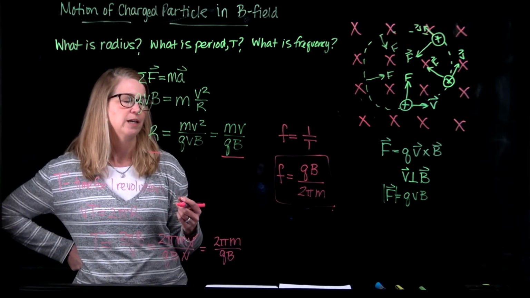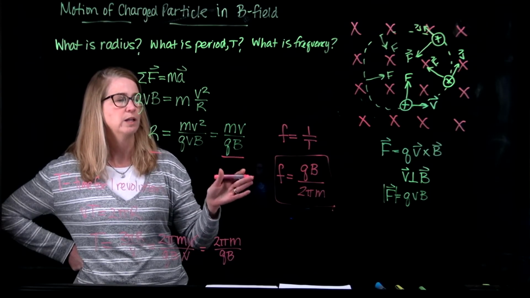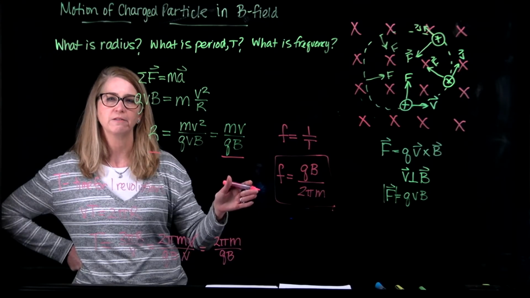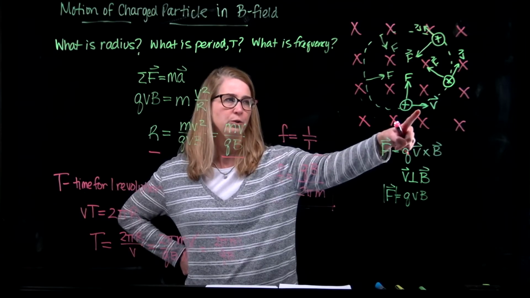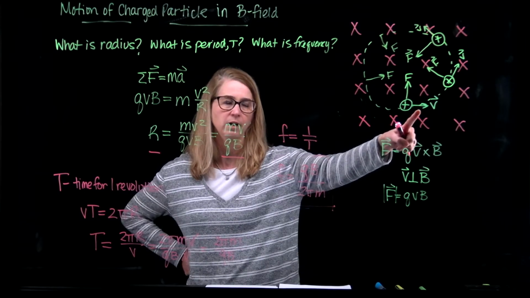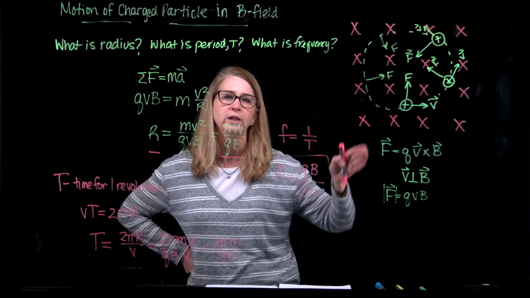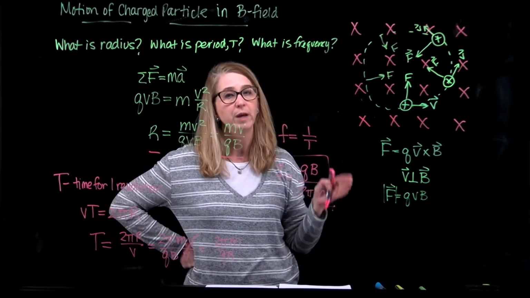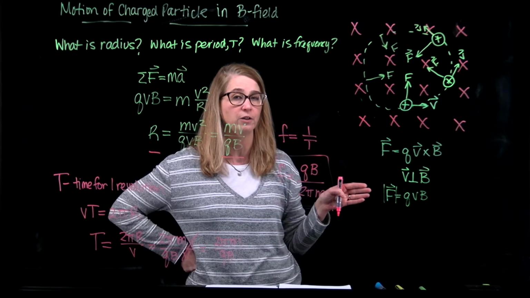What would happen that is more interesting is when the particle comes into a uniform magnetic field, if instead of being strictly perpendicular to the field as it was here, it has an angle to that magnetic field, we can break down the velocity into a component that is parallel to the magnetic field and one that is perpendicular to the field.